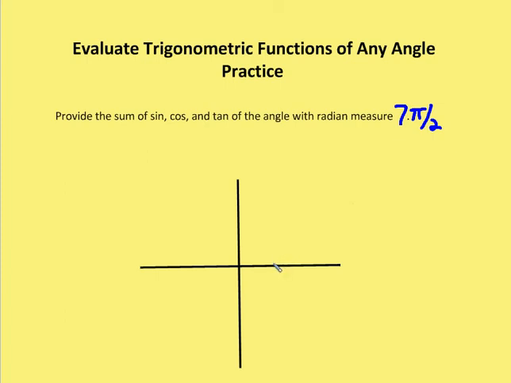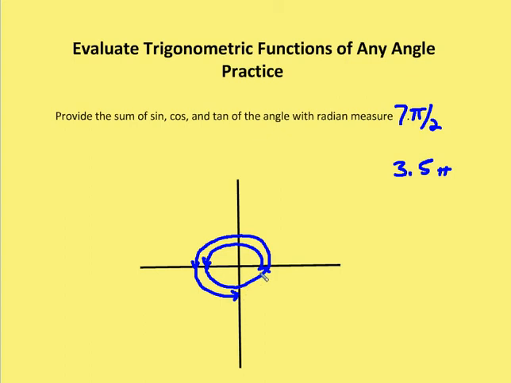For every pi radians, we have 180 degrees, and here we have 3.5 pi radians. So I'm going to move my angle 180 degrees, that's 1, another 180 degrees, that's 2, another 180 degrees, that's 3, and then another 90 degrees, that's 3.5.